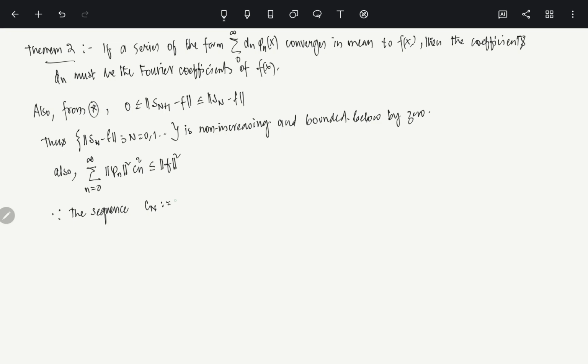Cn will define it to be the summation n equals 0 to capital N of phi n square cn square.